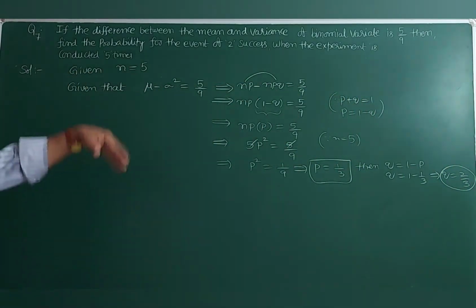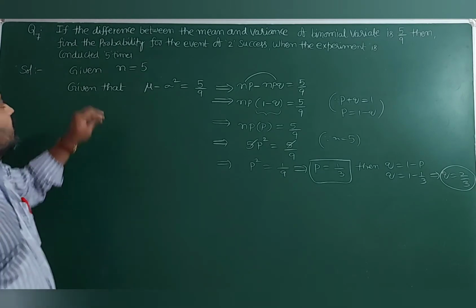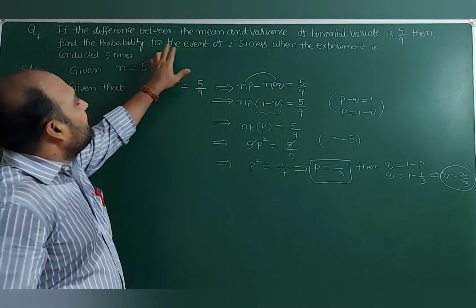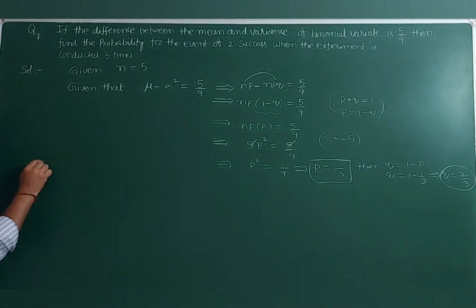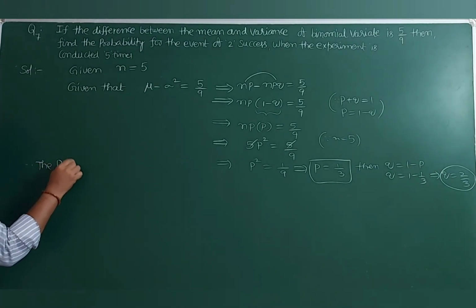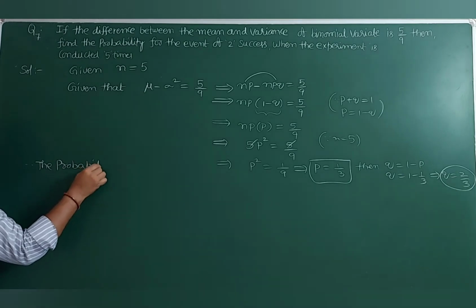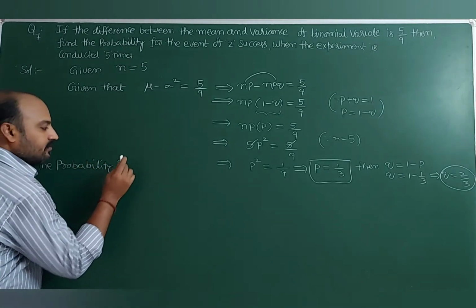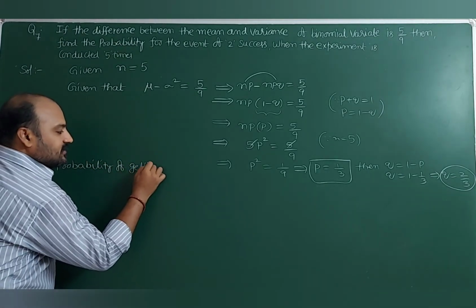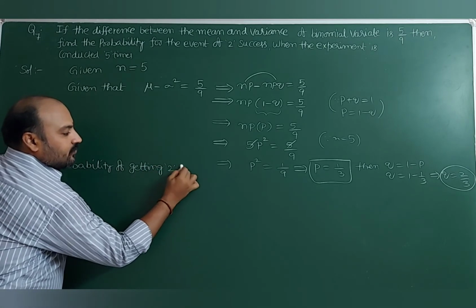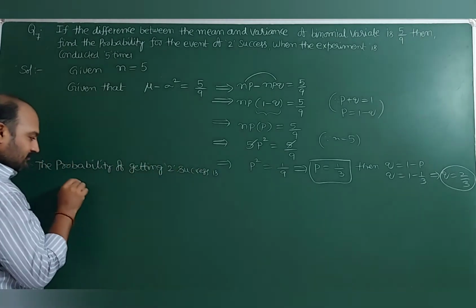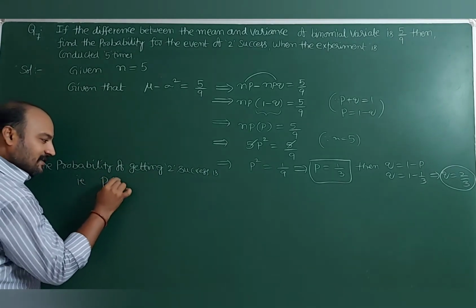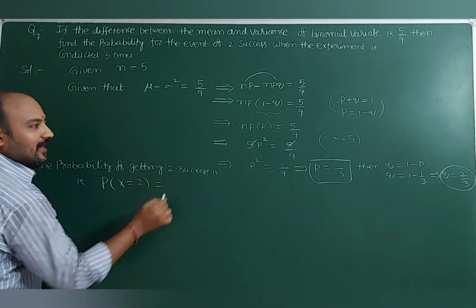P value, q value we got it, and n is equal to 5 also we got it. Next, the probability for the event of getting two successes. So therefore, the probability of getting two successes, that means P of x is equal to 2, we need to calculate.